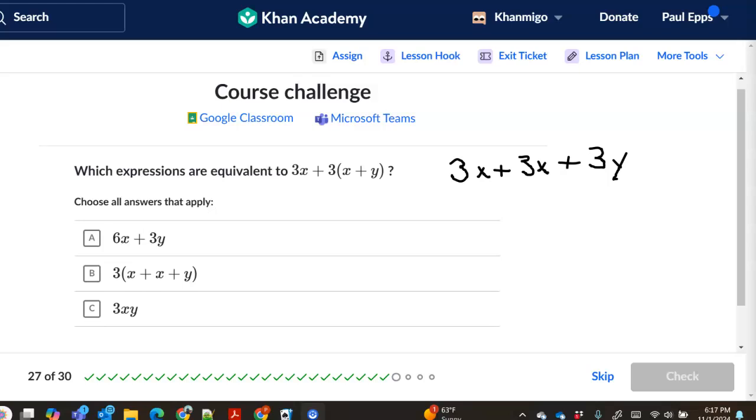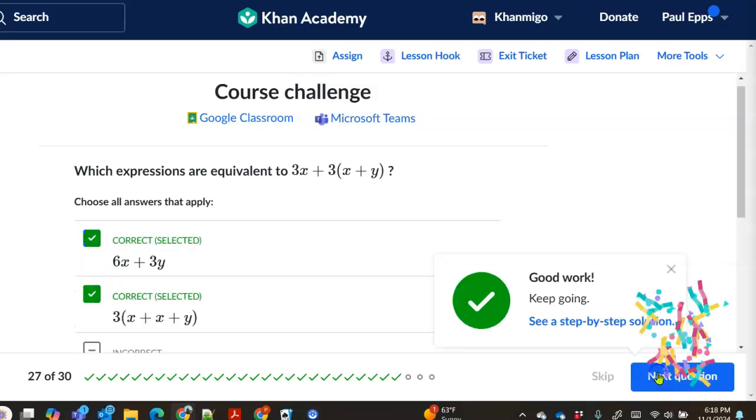So that could be 6x plus 3y. So A is possible. B is 3x plus 3x plus 3y. Yeah, 3xy. Well, C doesn't work. So we are going to have to go with A and B.